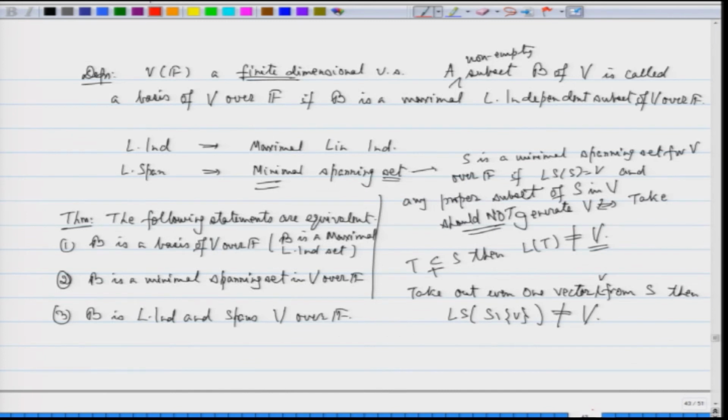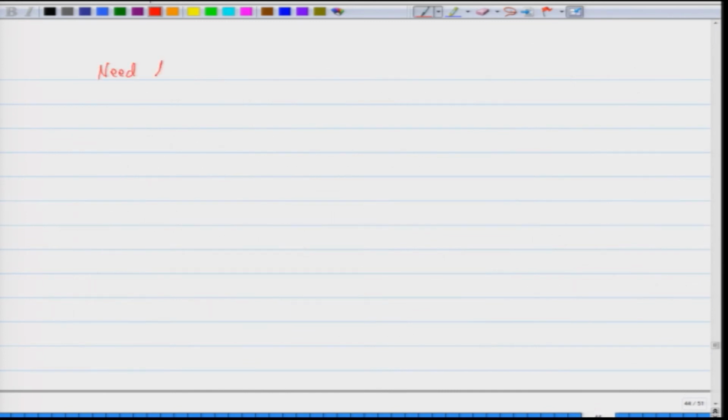So, I need to show that the set A of Uk plus 1 till A of Un is a linearly independent set. Fine.